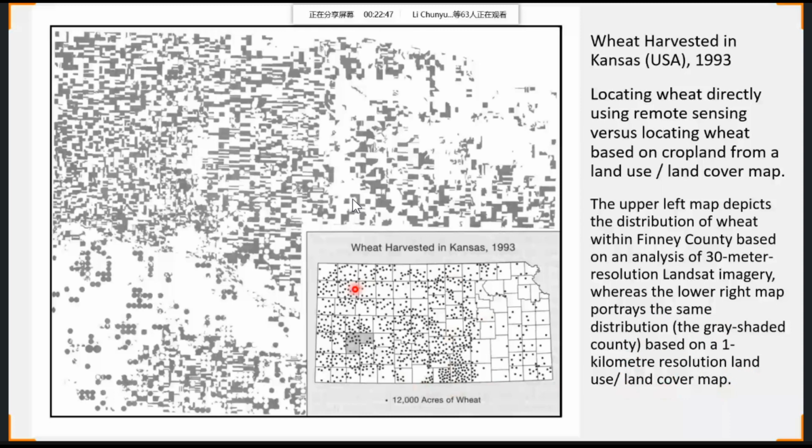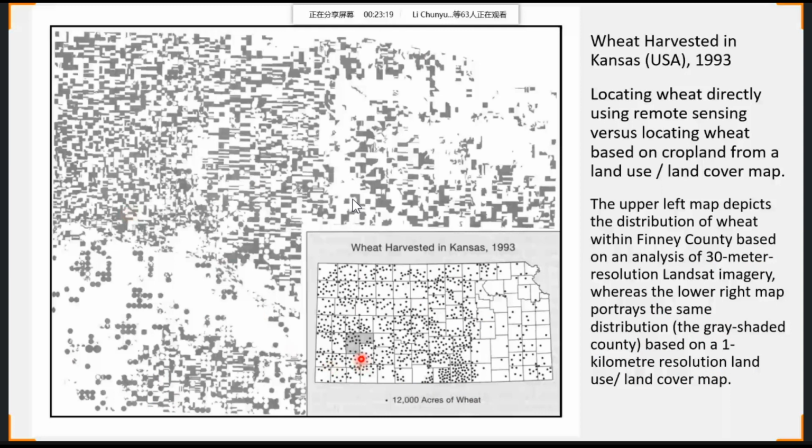So for the map that we have just seen on the last slide, a land use land cover map with 1 kilometer resolution was used. Now for this county, we can compare this with much more detailed data. This is a 30-meter resolution compared to 1 kilometer here. And of course, then you can distribute the dots even better.